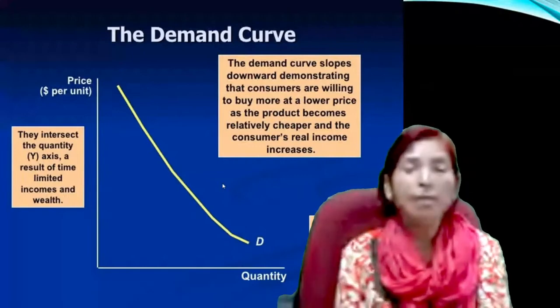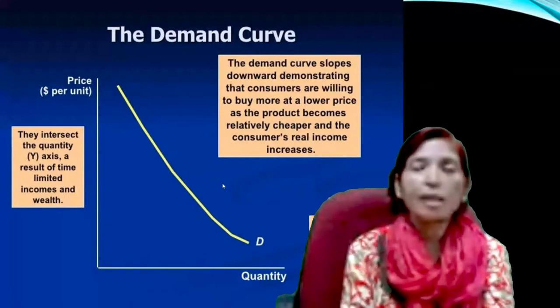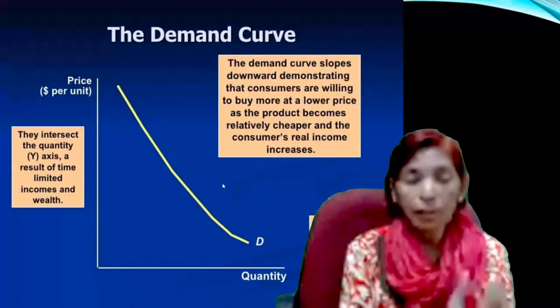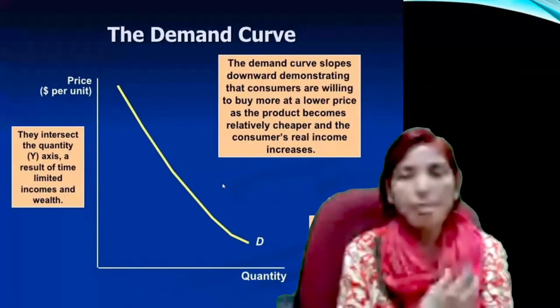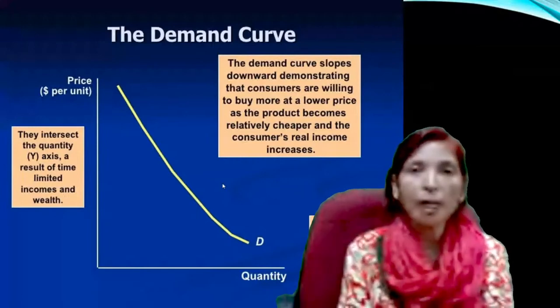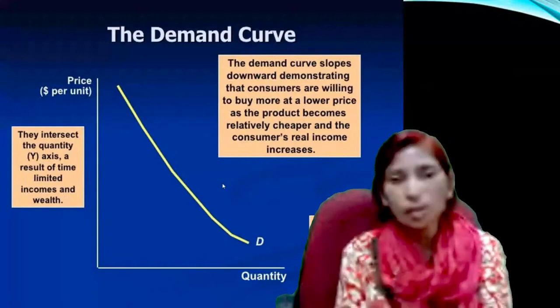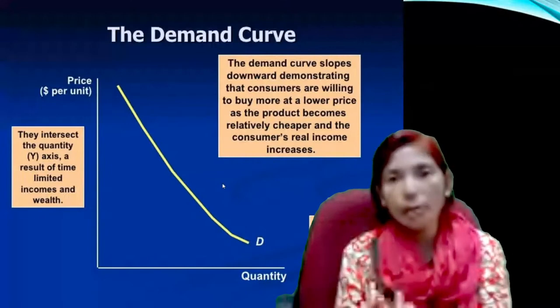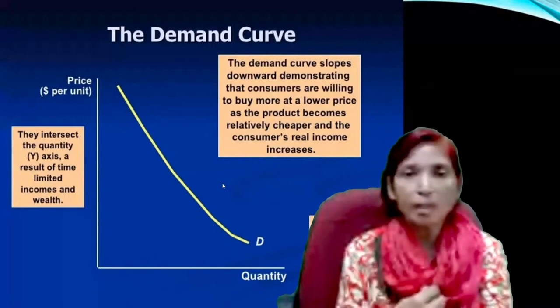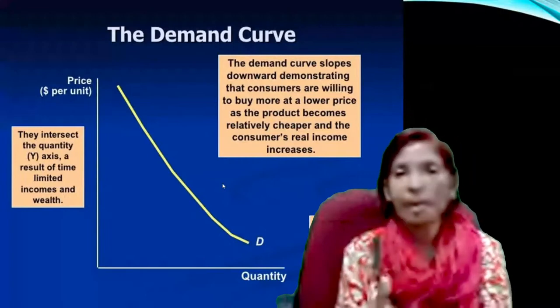And what is diminishing marginal utility? Utility is a concept which explains want-satisfying power. Marginal utility always diminishes: as we consume more and more units of a commodity, the satisfaction we derive from its consumption starts falling.